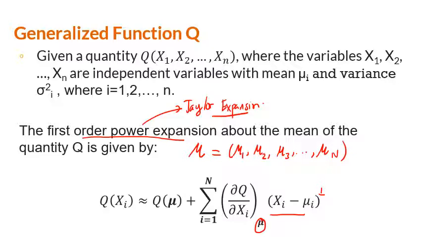We only expanded to first order since we have this notion that your variable x sub i is close to your means mu sub i, and higher order expansions are very small in comparison to your first order expansion of your generalized function Q.